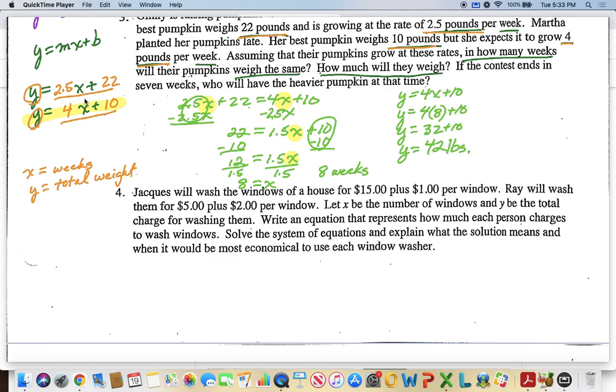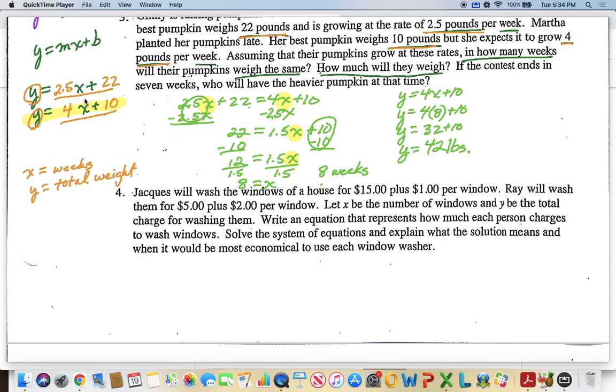All right, so now we can answer the next question, which is, if the contest ends in 7 weeks, who will have the heavier pumpkin at that time? Well, we could put in 7 weeks instead of 8 weeks and figure that out.